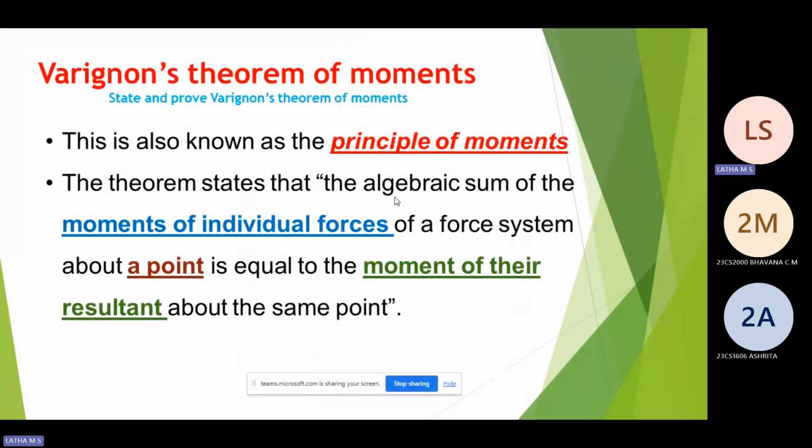So I say F1 x1 plus F2 x2 plus F3 x3 is equal to the moment of the resultant of all. How do I get the resultant? By adding F1 plus F2 plus F3 depending upon the direction. If required, you have to resolve the forces. This is only for your concept understanding. Resolve and find out. So it will be R into x about the same point, point A.